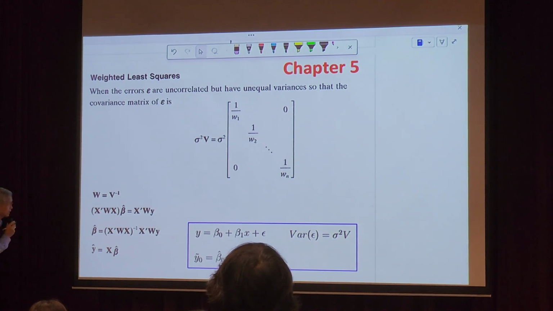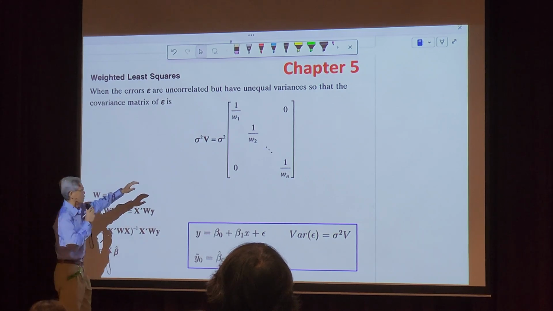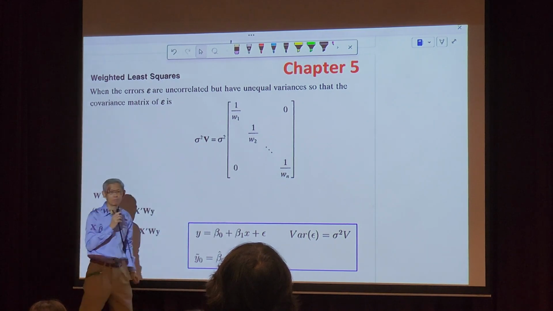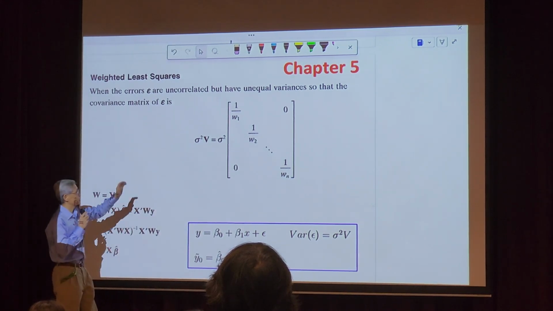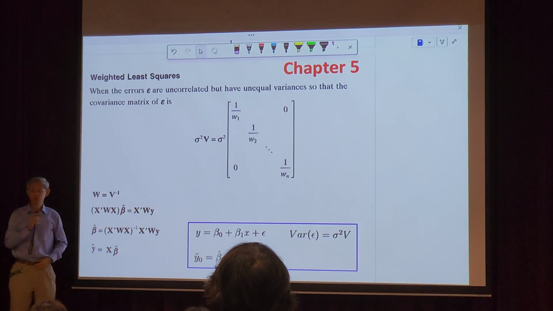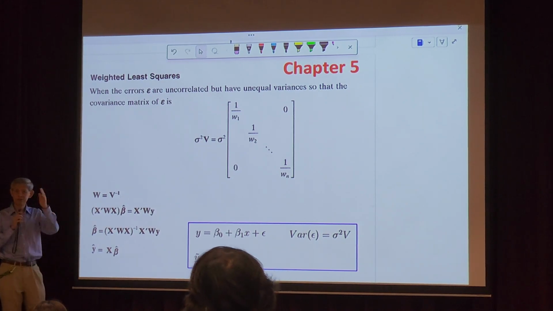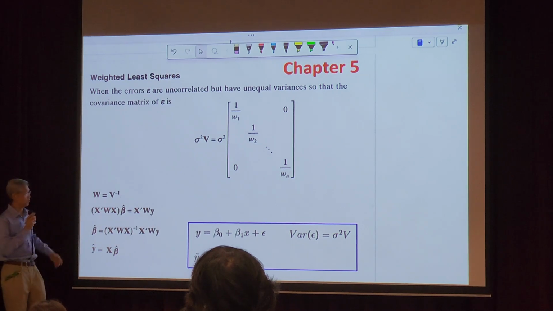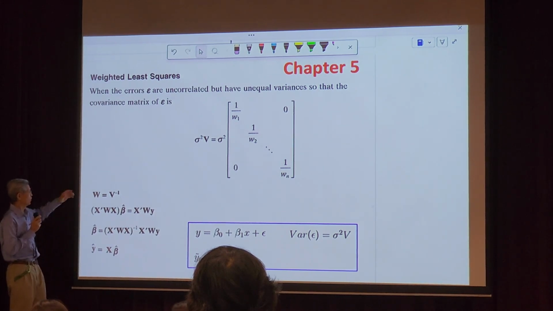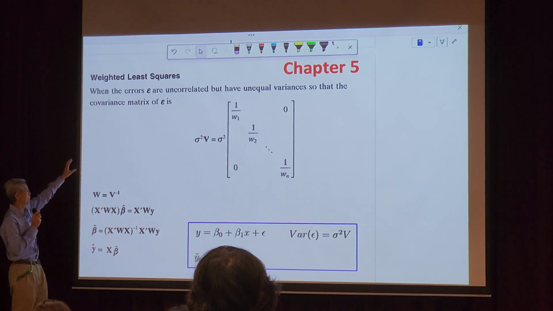So for weighted least square, we are assuming that sigma square V, the variance of epsilon, is 1 over W1 and so on. And so this is called generalized least square, one of the special cases. So to do it, that's the weight. Weight is W1, W2, and so on.